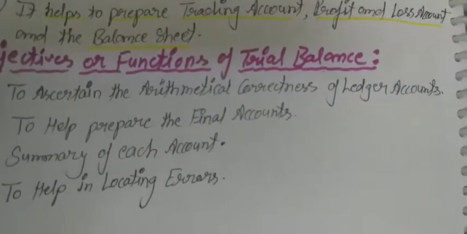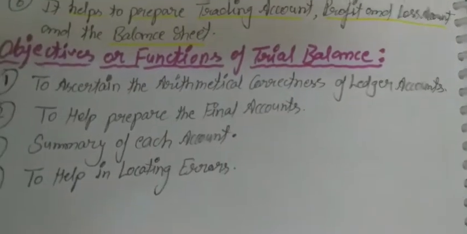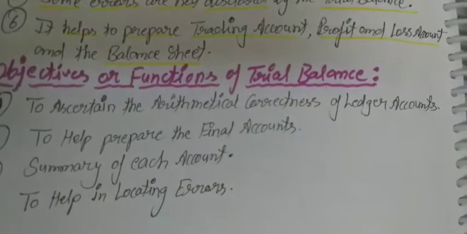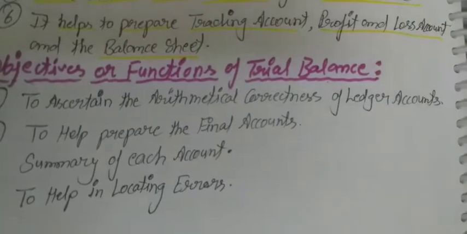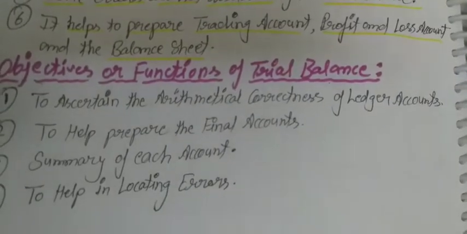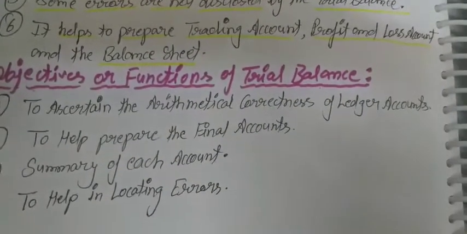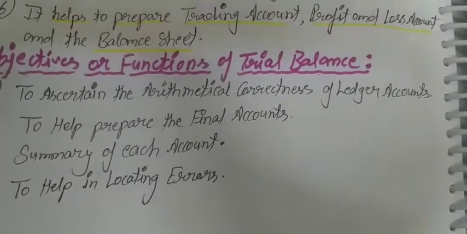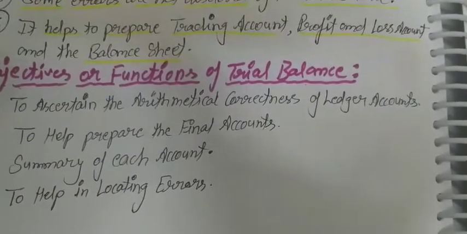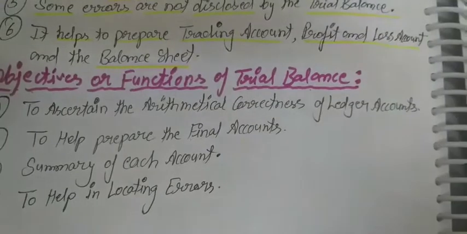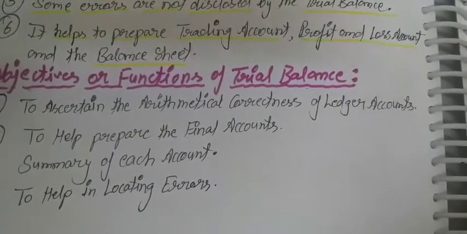Okay, so students, these are the four objectives, and in the next class we will learn to prepare the format of trial balance, and then we will also solve some numerical problems with the help of the format.